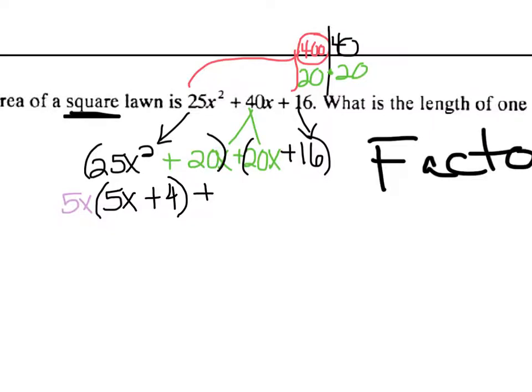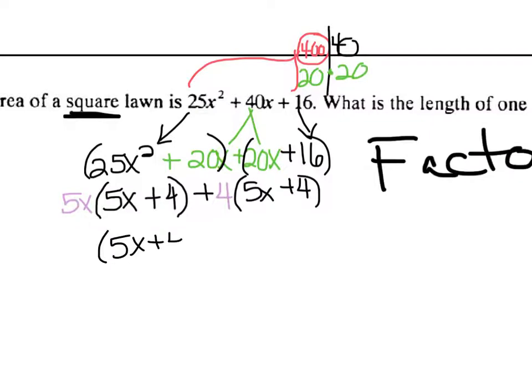And now 20x and 16, this time they're both divisible by 4. 20x divided by 4 is 5x. 16 divided by 4 is 4. Again, we check for this matching parenthesis. It's there, so we bring it down.